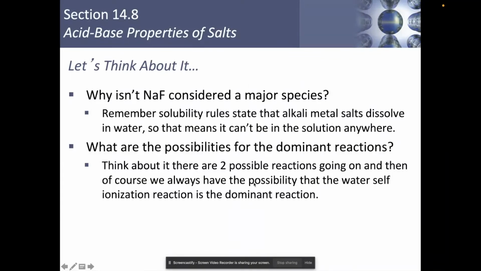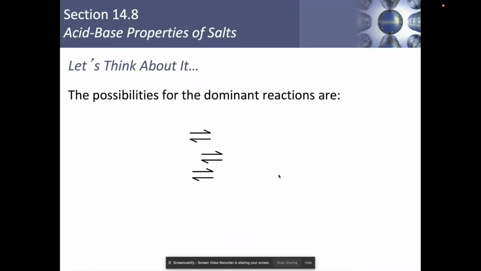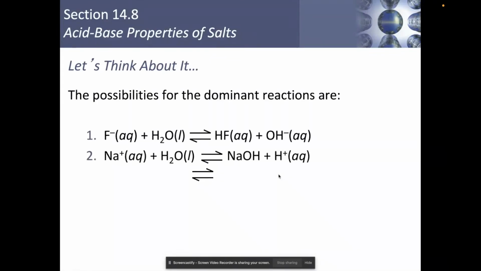As always, there's a possibility that water self-ionizes and that's the dominant reaction. But that hasn't been the case for any of our examples, except one in part one, where we had such a small amount of a strong acid and so much water that the Kw became the overwhelmingly important part of the reaction.